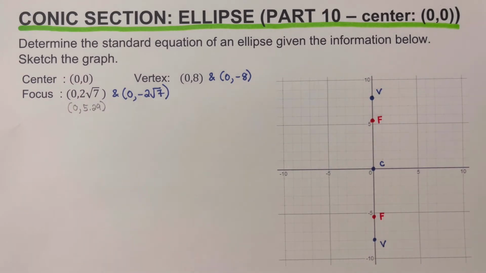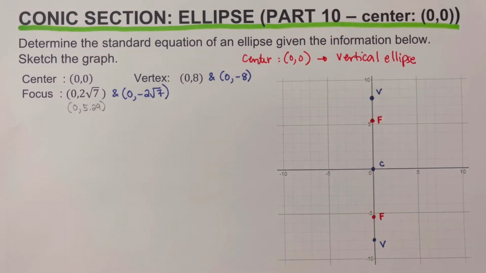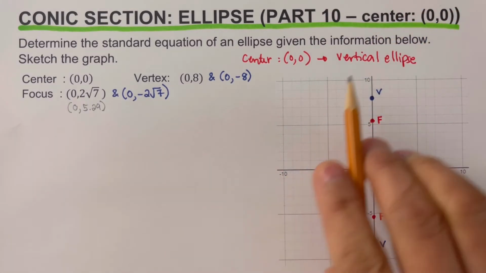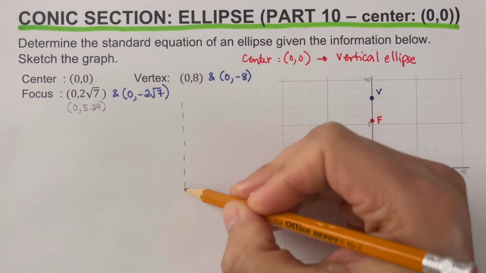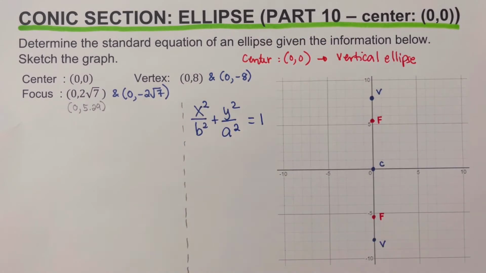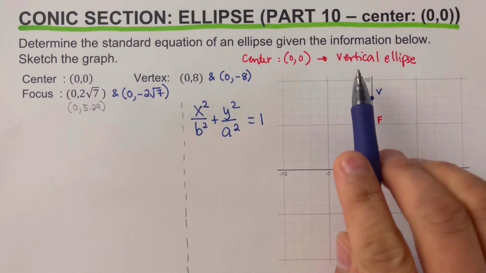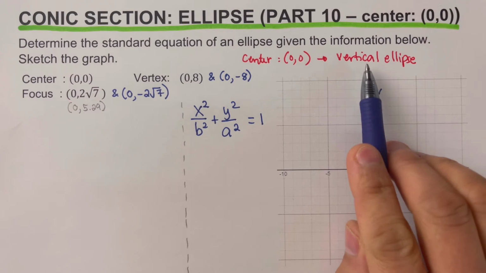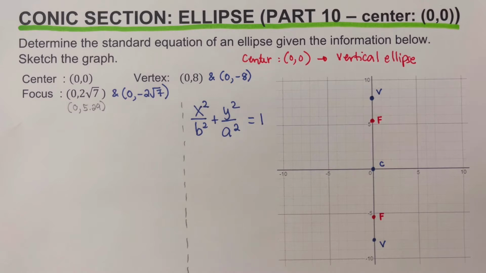So I'm going to go ahead and write that information up here. Since this is an example of a vertical ellipse, I'm going to write the general equation of a vertical ellipse down here. Now notice that our a squared is placed under the y squared because again, this is an example of a vertical ellipse. Now, remember that our a value is the distance from the center to the vertex.